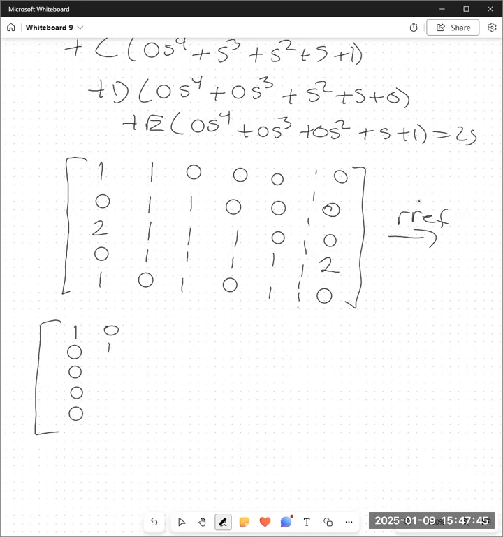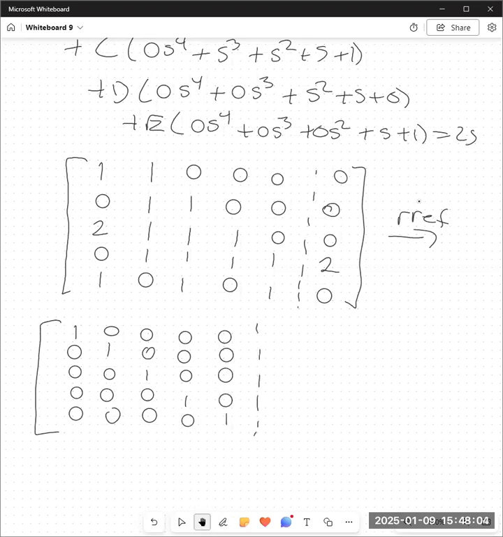5. I get negative 1/2, positive 1/2, negative 1/2, 1, and 1.